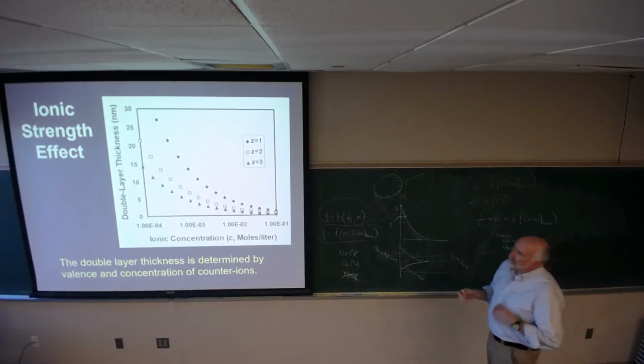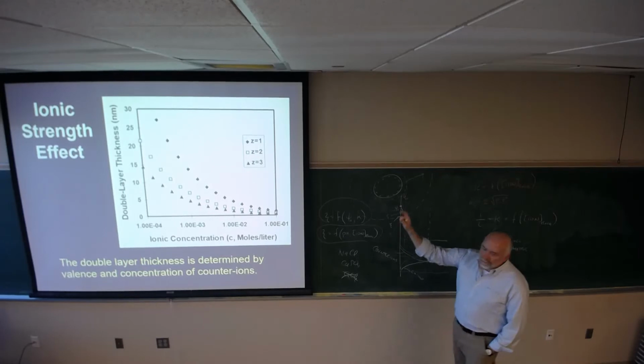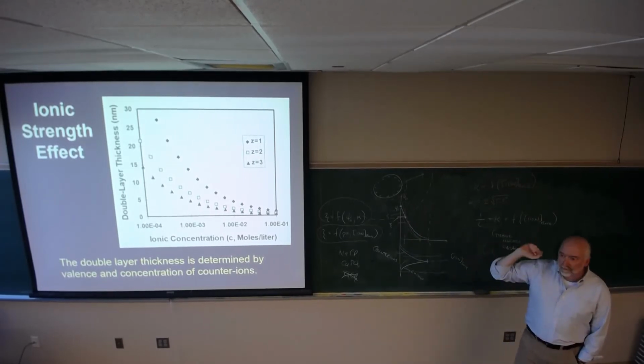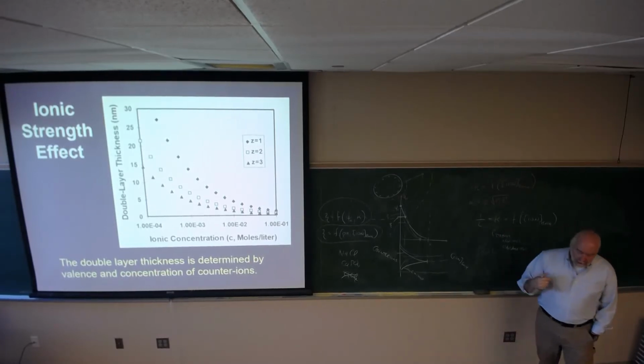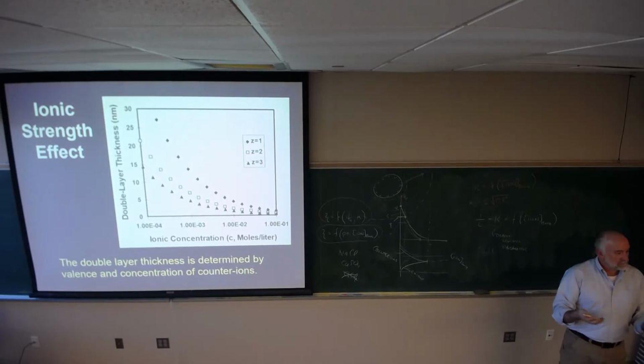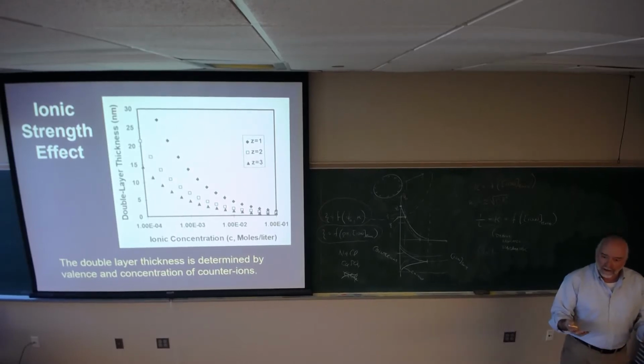The other thing you see is that there's a contribution of the charge on the particle surface, which is ignored in this approximation. Now, what am I doing? I've got two particles that are attracted to one another because of van der Waals attraction potential, which is dictated by what?